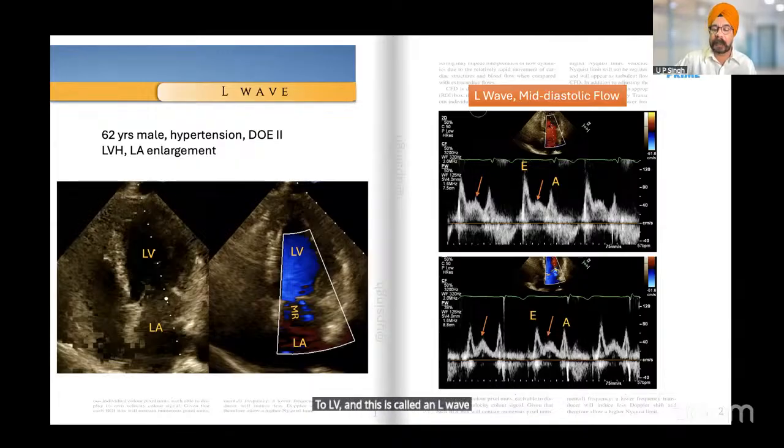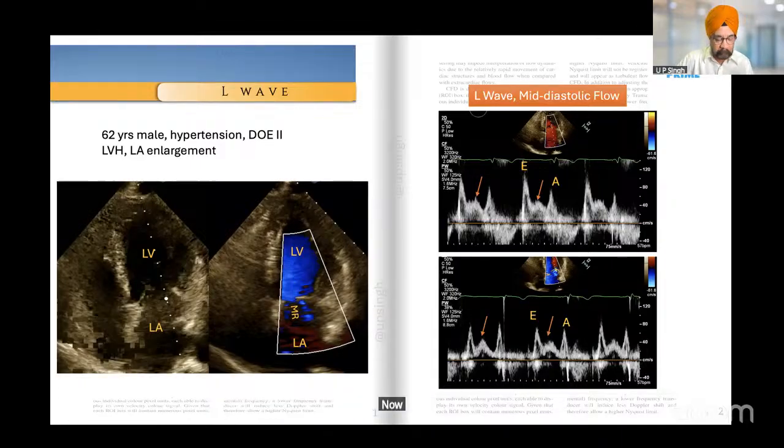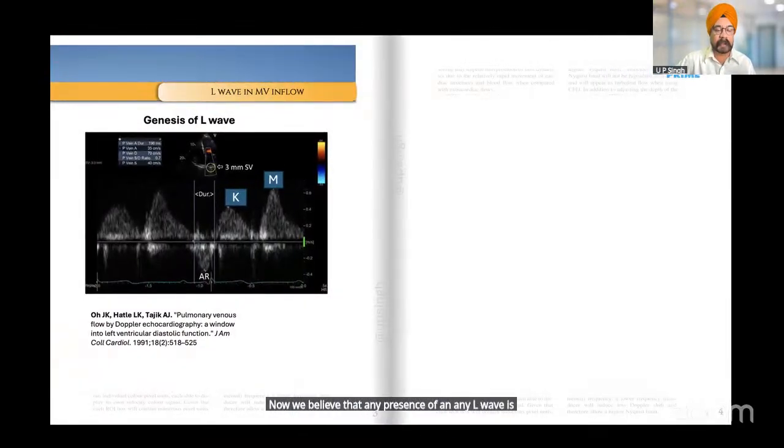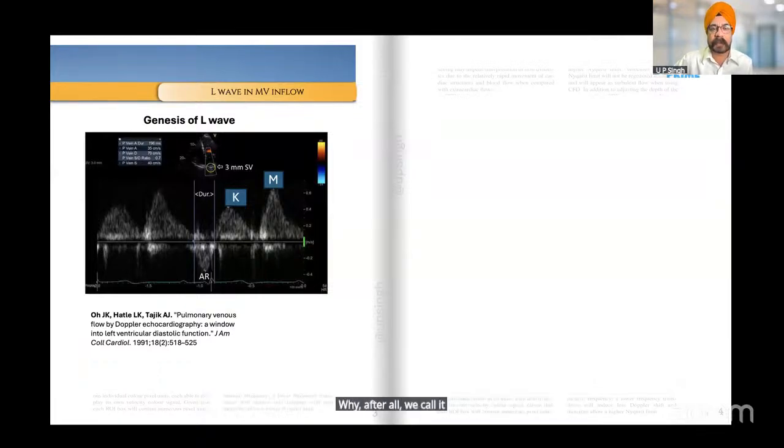We said that the L wave is of importance in case it's more than 50. Then the guideline came, it can be important when it's 20. Now we believe that any presence of an L wave is of significance and should be looked at carefully. Why, after all, do we call it an L wave? Where did L come from?